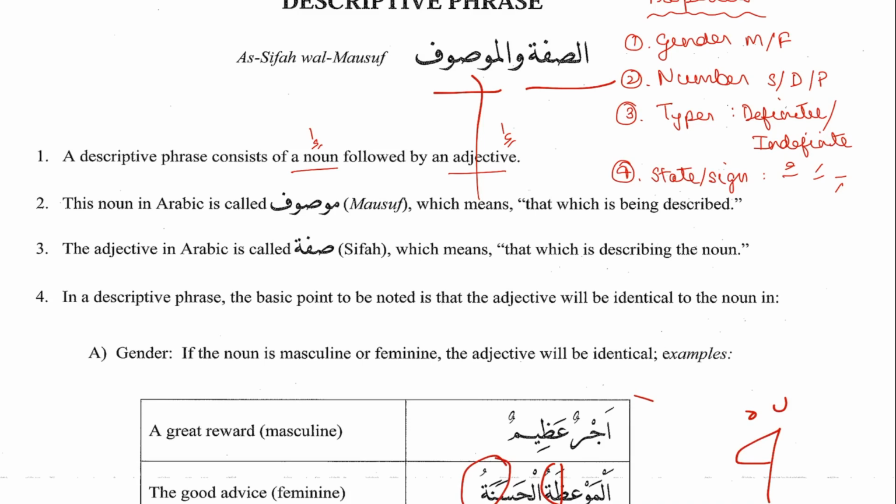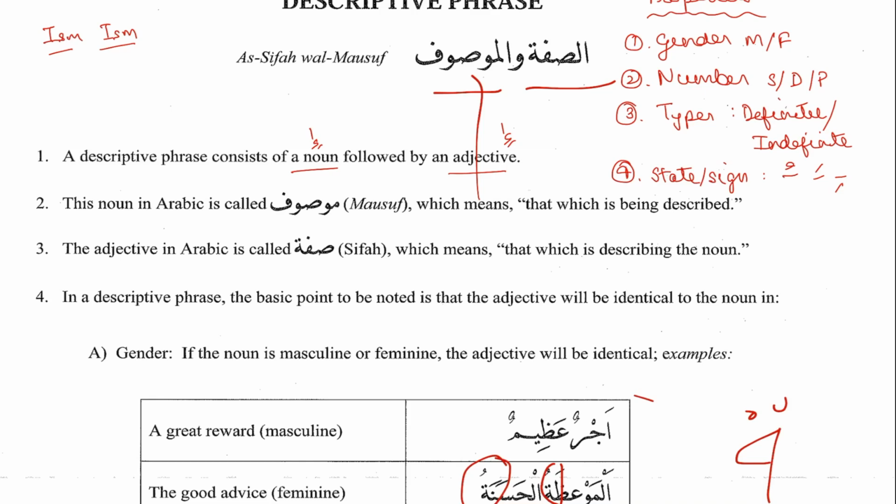In a sifat wal mausuf combination, both the nouns, the sifat and the mausuf, must have the same properties. If you see two isms right next to each other in any Arabic sentence, they can either be sifat wal mausuf, or something else, which we will cover in the following lesson.